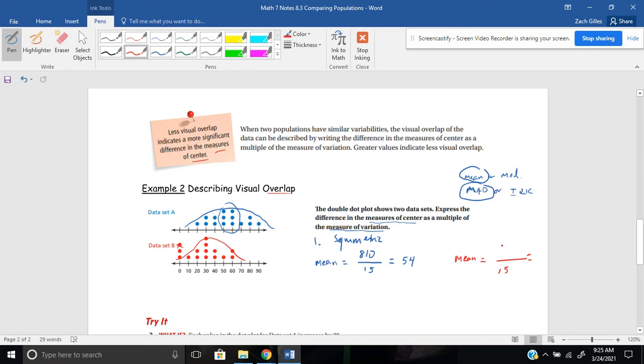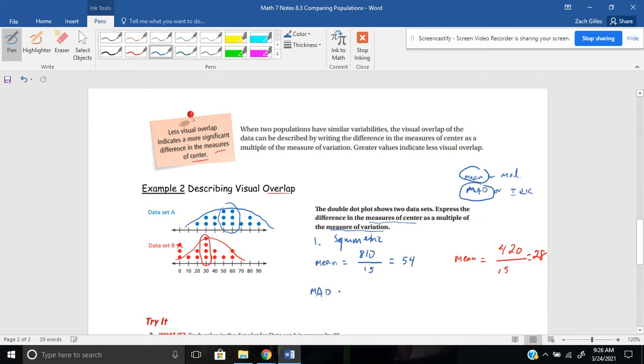When you add those numbers up, you get 420. Divide that by 15, and you get an average of 28 for this data set. And look at that, it does look like it's really close to 30 for our average. Okay. So I found my measures of center. I found my means. Next, I need to find my mean absolute deviation, or my MAD.